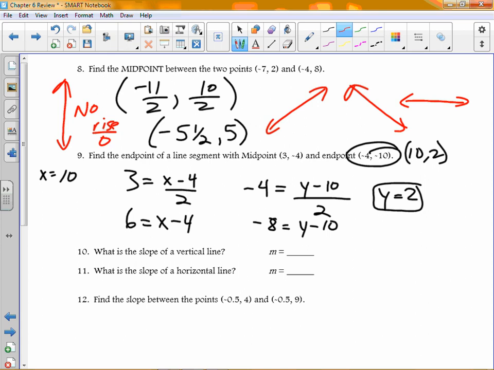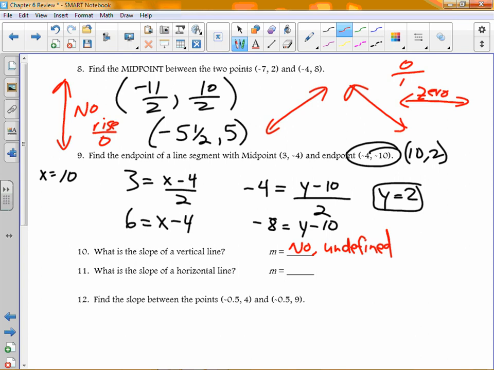Saying no slope and saying zero slope is not the same thing. When you have a zero underneath, it's undefined. When you have a zero on top, it's zero. So vertical lines like this have no slope, or we say undefined slope.